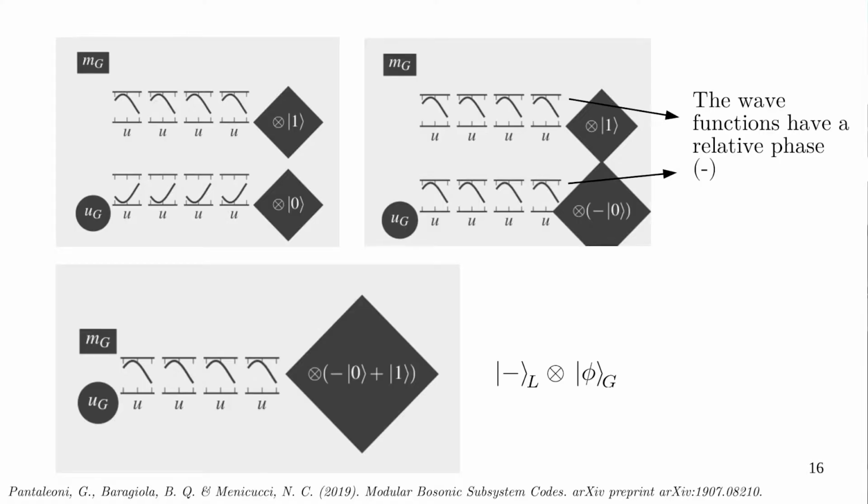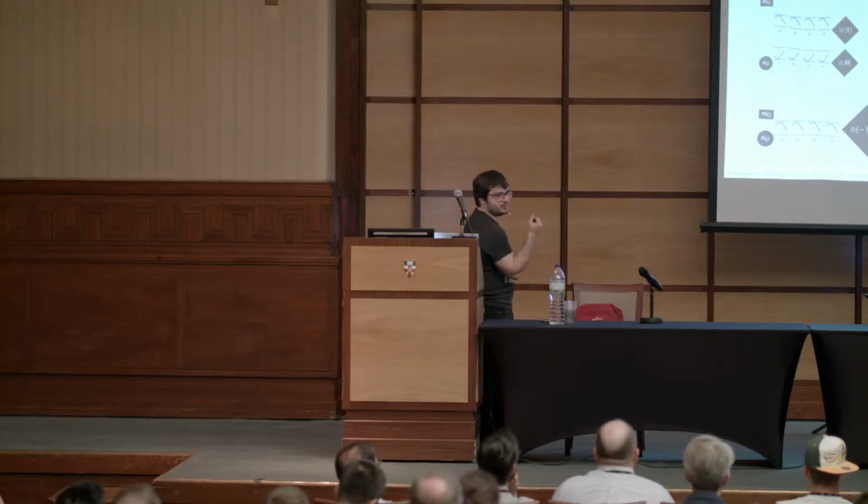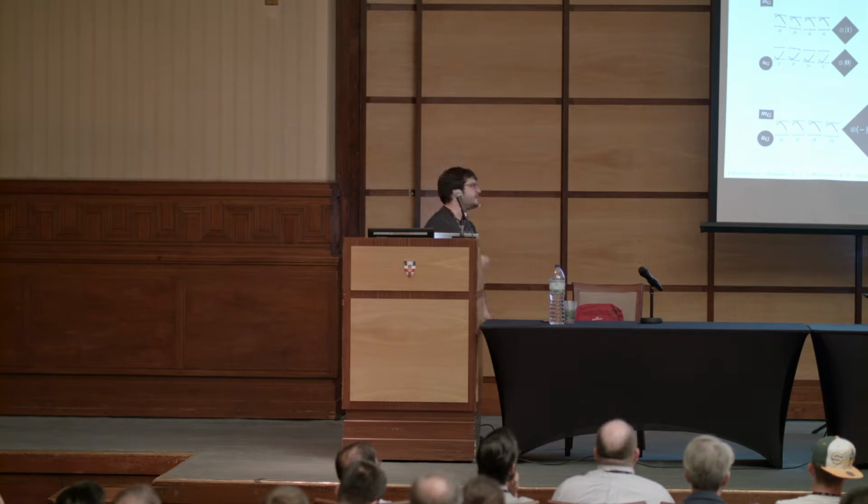Now, why do I say that this example is ad hoc? If you look at these wave functions, the one on the top is simply a phase, just a minus, times the wave function on the bottom. Therefore, we have a product state, and what we end up with is this fully separable state. In this case, we have encoded a minus because the phase was a minus.